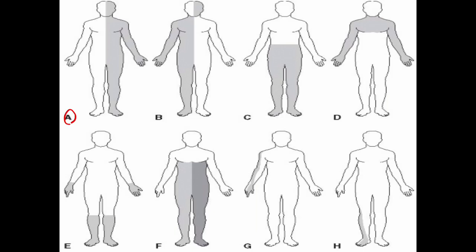This is the classic presentation of a contralateral parietal lesion in the brain. So, for example, this is left-sided hemiparesthesia, and we can expect in the right parietal lobe there is a stroke that is causing this kind of manifestation.